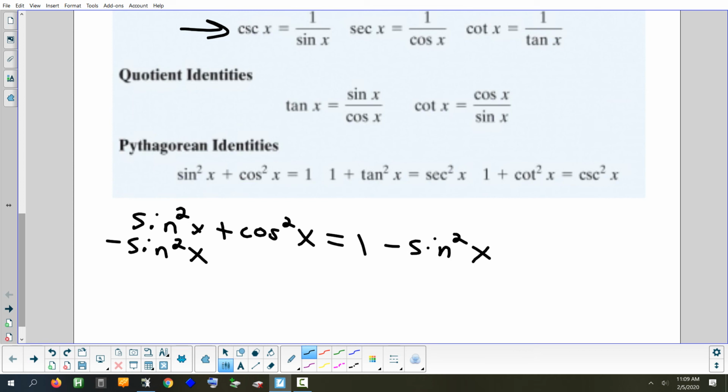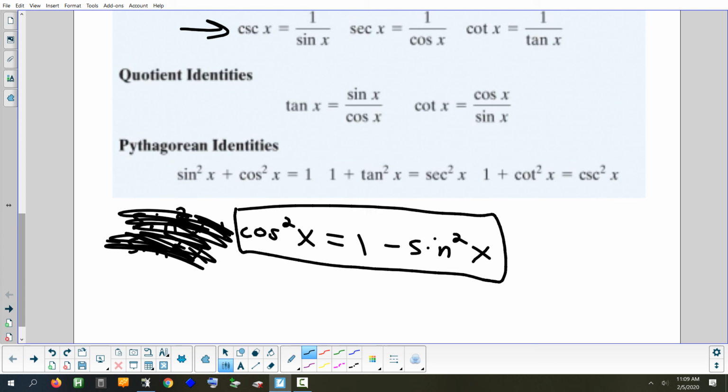All I did was subtract the same thing from both sides. When I do that, this is gone, and now I have cosine squared equals 1 minus sine squared. That's the same Pythagorean identity as this one. All you've done is move something to the other side.